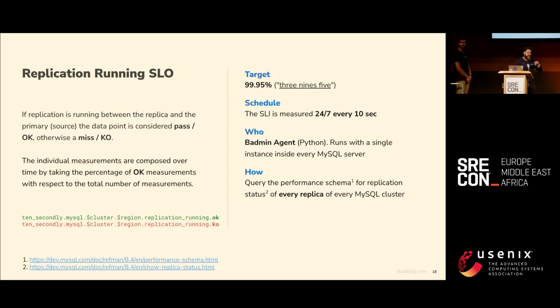It runs inside the MySQL server, in the same places where we have a MySQL server; you can imagine it as a sidecar. Periodically, every 10 seconds, it queries the performance schema of MySQL, a particular schema where you can get performance information. We particularly ask about the replication. Is it running or not? If the replication is running, it's OK. Otherwise, a miss. Same as before, OK divided by the total gives us the SLO.